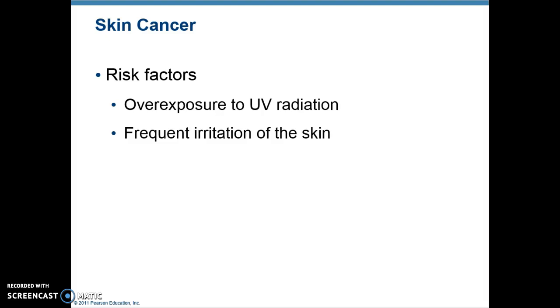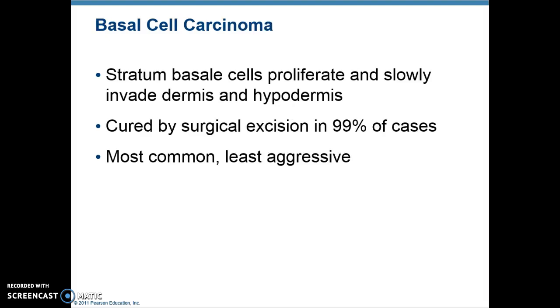For each skin cancer, you want to know which cell type or which cell layer it originates in, so which cells actually become cancerous, and then be able to rank them in terms of their aggressiveness, not necessarily how quickly they grow, but how good they are at spreading from the epidermis down into the dermis.